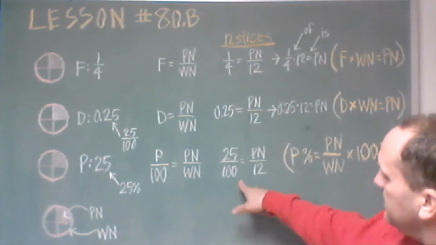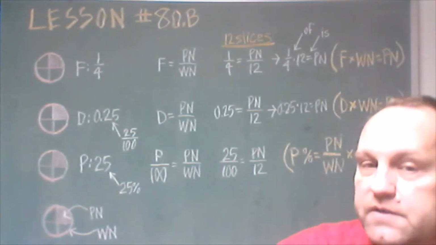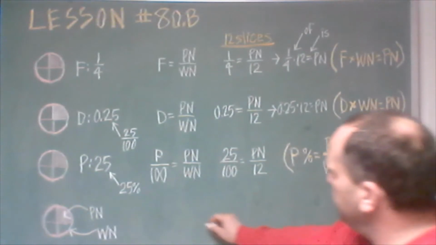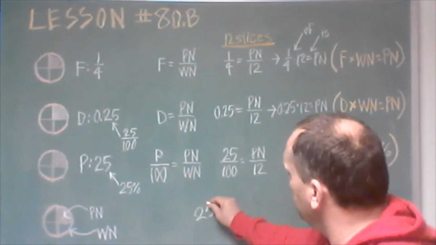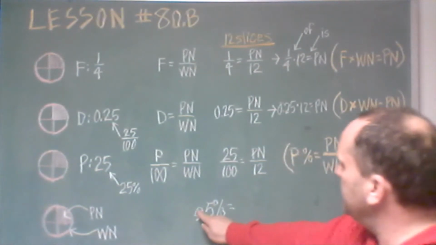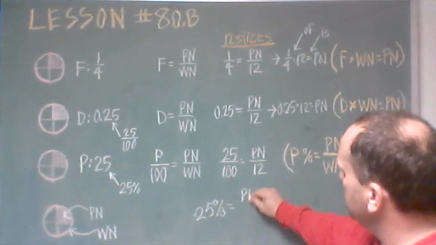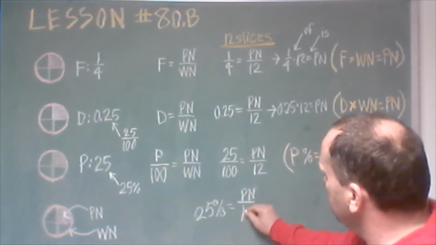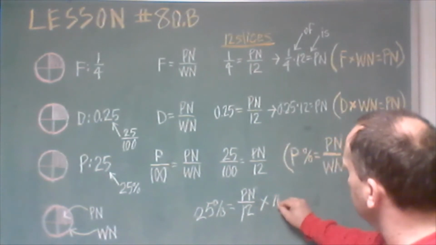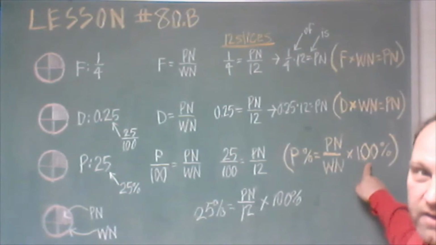Now it looks a little bit different from this, but remember on our drills, we would plug in 25% here to our formula, and we would equal it to what is our new partial number out of 12, which is our new whole number, times 100%, to properly put it in the formula.